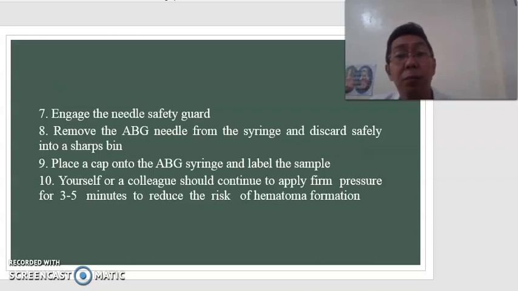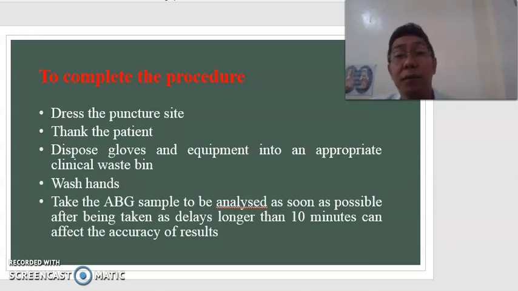Then remove the ABG needle from the syringe and discard safely into the sharps bin. Place a cap on the ABG syringe and label the sample. It is important for proper identification. Yourself or a colleague should continue to apply firm pressure for 3 to 5 minutes to reduce the risk of hematoma formation, and of course, to stop the bleeding.